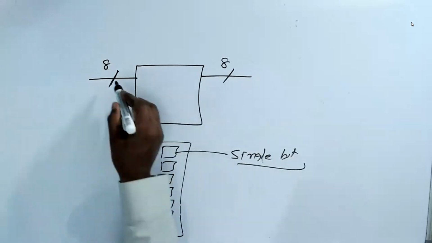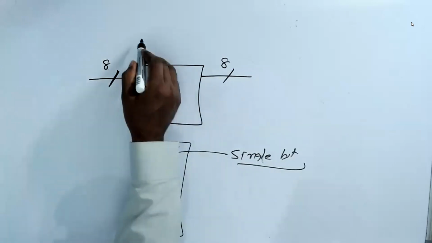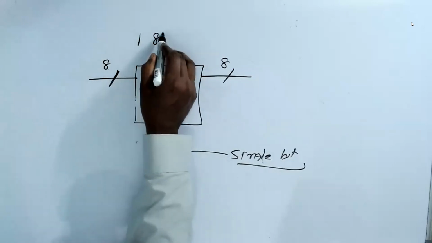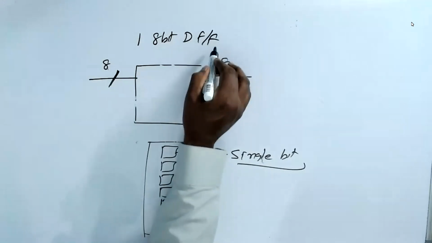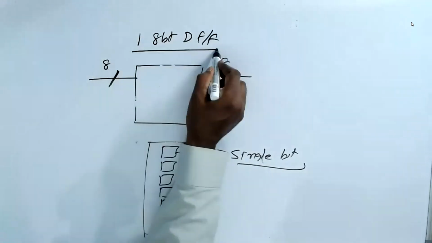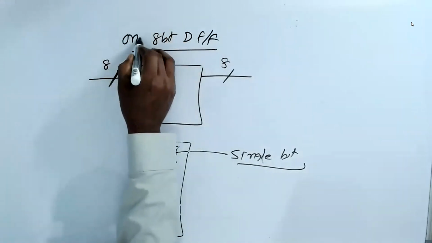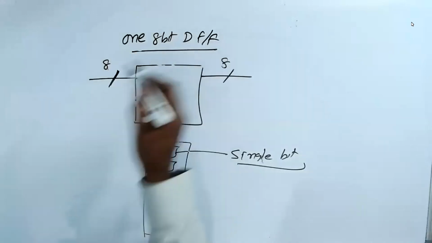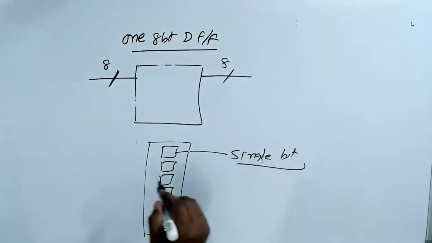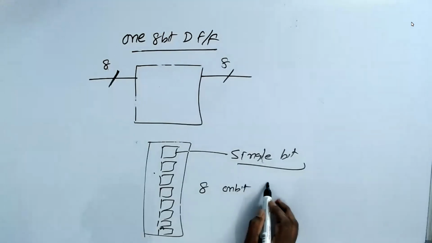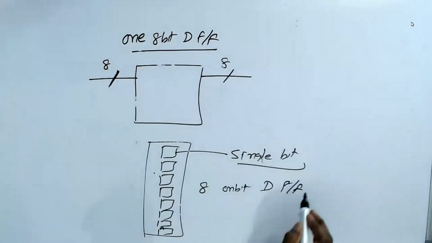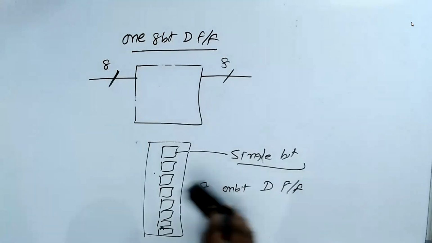Combined together, with /8 we can call this one 8-bit D flip-flop. Please understand the difference. Here I write one 8-bit D flip-flop. Here I write 8 one-bit D flip-flops. That's the difference. So when I combine 8, I get 1.